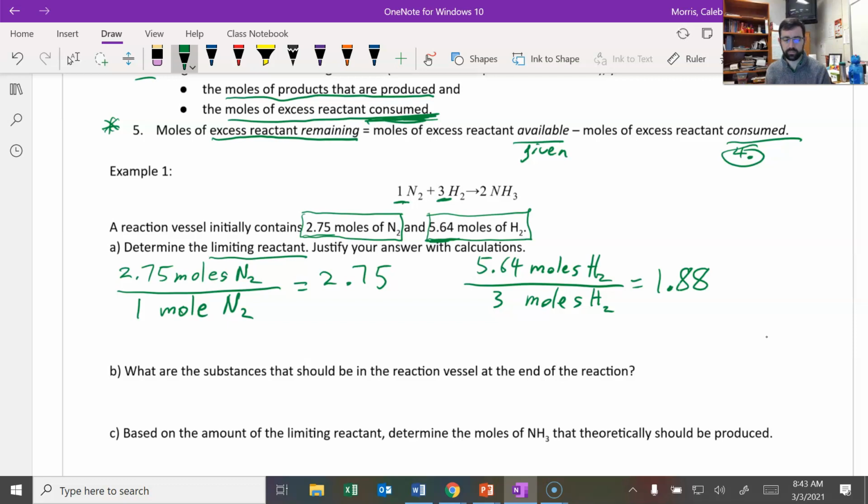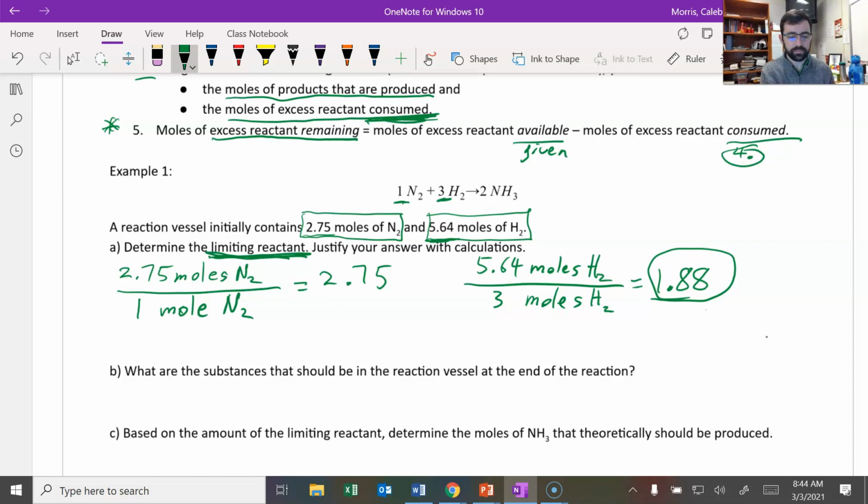Thinking back to our sandwich example, whichever scenario shows us running out of something, that's our limiting reactant. It looks like I can only make 1.88 moles of reaction, and it's because of H2. When it asks me what the limiting reactant is, remember our reactants are nitrogen and hydrogen. I've got to name one of those. To give the actual correct answer, I can't just circle 1.88.